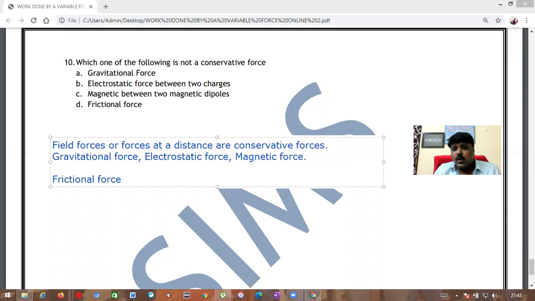On the smooth road, the friction is less, but on the rough road, the friction is more. That means the path in which we are moving affects the frictional force. Hence, these forces depend on the path. Then besides frictional force, we can even consider viscous force in the case of liquids, and the same viscous force in the case of gases, which we call drag, etc., are non-conservative forces.